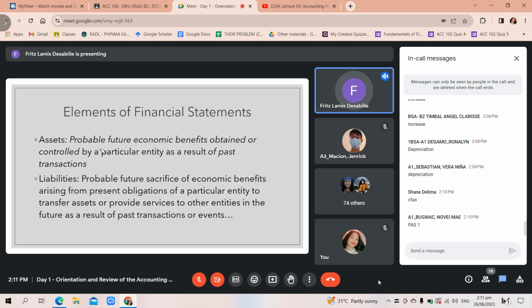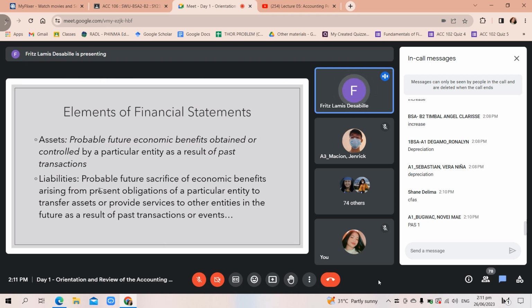I'm sure you're already familiar with these definitions. Assets, if we simplify it in Bisaya, is everything that I own. All the property that is mine, plus the property that, even if it's not mine, I control.